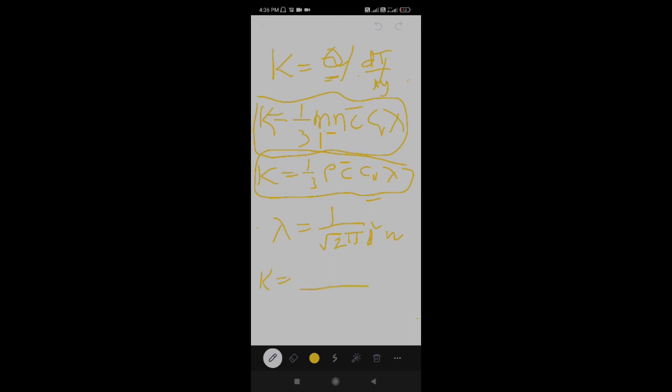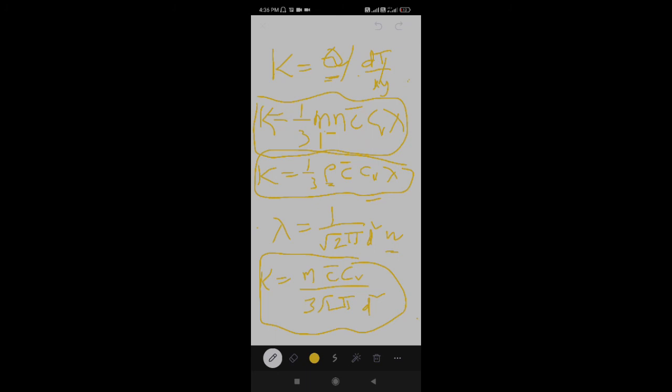You are going to get 3 root 2 pi d square, with N in the denominator. Here you have mn as before, so you just keep m C bar Cv. This is the final expression for K. Coefficient of thermal conductivity is equal to m C bar Cv by 3 root 2 pi d square.